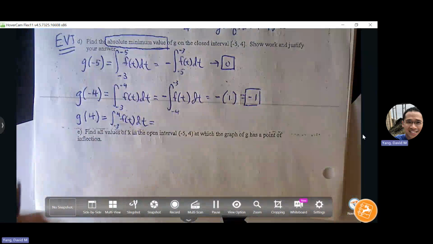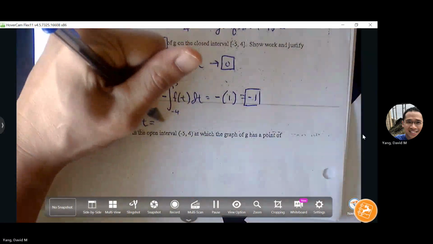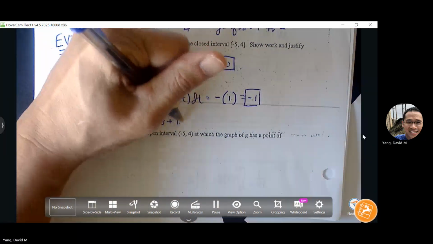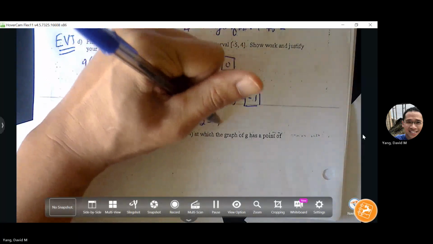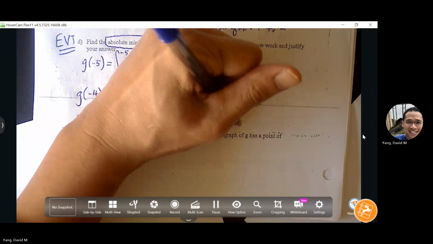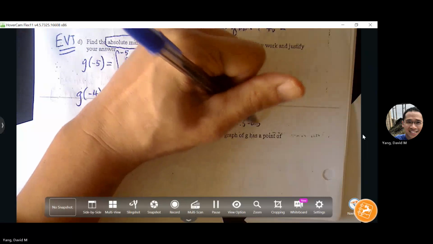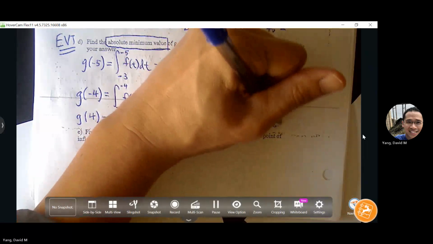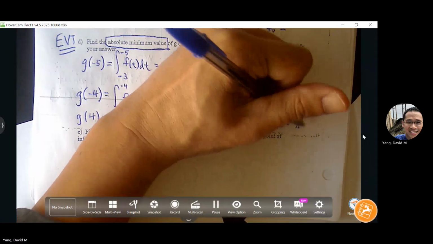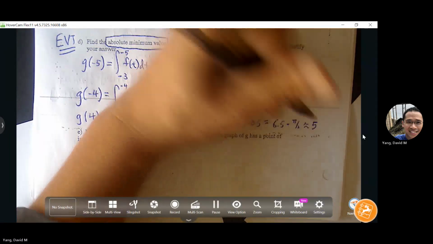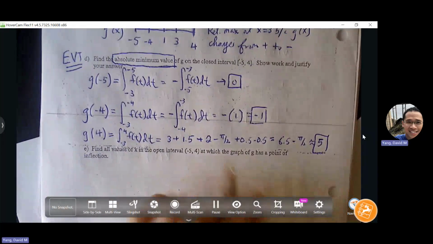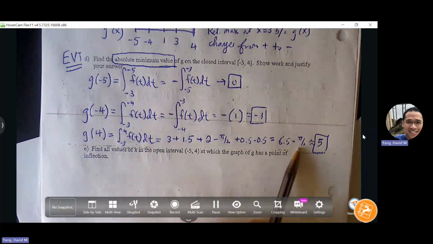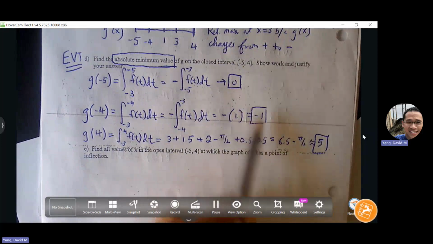We add all those values up. Compare those y values, and we see that this is around 5 versus -1 versus 0. The lowest y value amongst these three is -1.